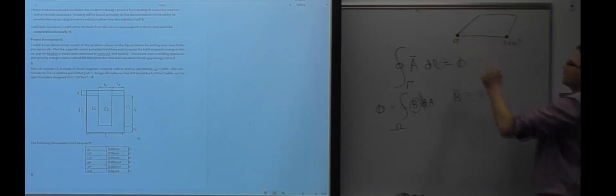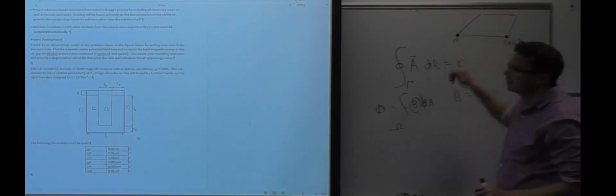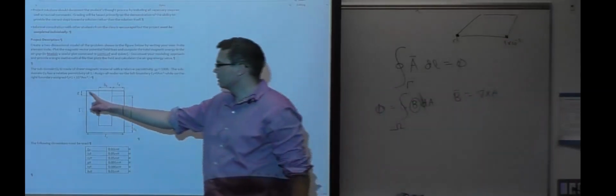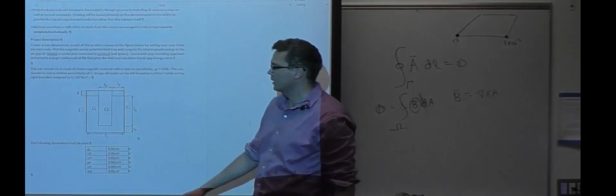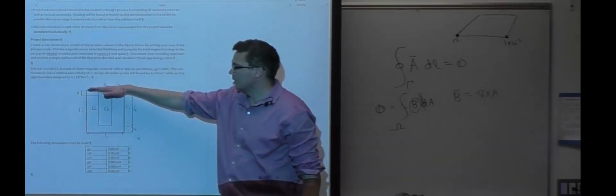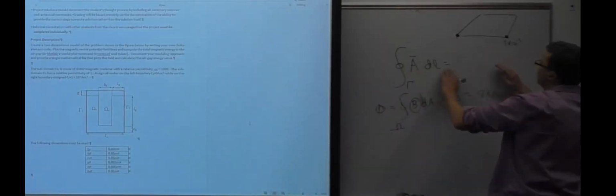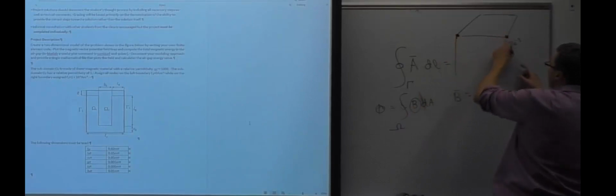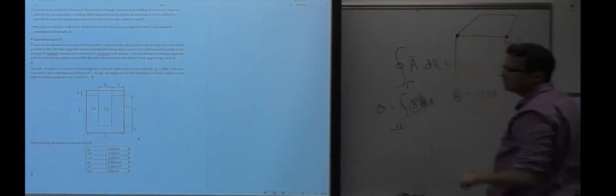If we set one side to be 0 and one side to be 1 times 10 to the minus 3, what that tells the program is that a flux has to flow all the way down the problem region with the same amount of field.